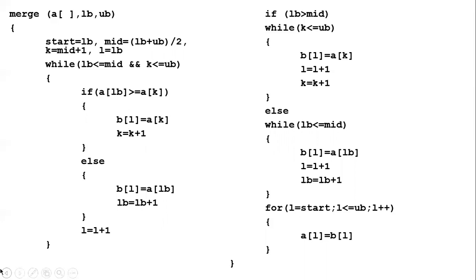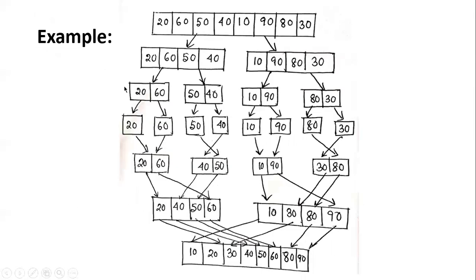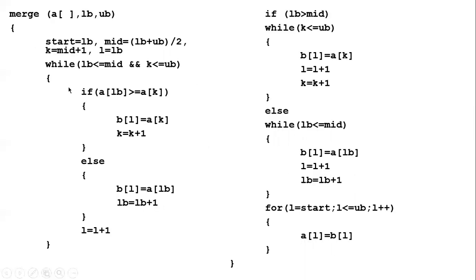Now what will happen if A[LB] is greater than or equal to A[K]? Here, if A[LB] is greater than or equal to A[K], that means the first subarray has higher data than the second. Then the data of the second will be dumped into the B array because it has the lesser value.